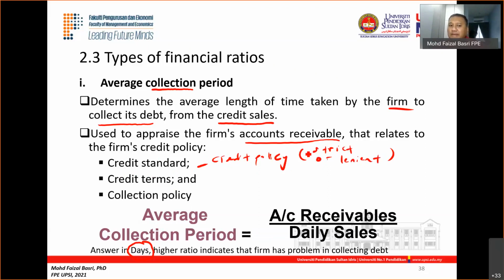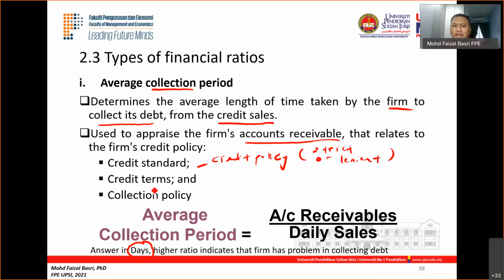If strict, the amount of credit might be smaller because they are very strict with the customers, meaning not everybody is entitled to credit. But if lenient, meaning almost everyone can apply for credit, then your amount of account receivable will be huge. So the credit policy or credit standard will determine the size of account receivable.